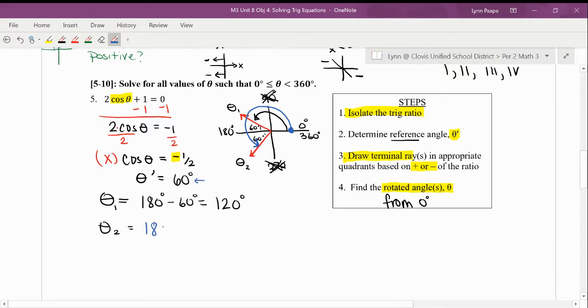So for theta 2, I went past the 180 by 60 degrees. So I'm more than 180, so I'm going to add 60. So 180 plus 60 is 240 degrees. And so then my answer are those two rotated angles. So I would just write theta is 120 and 240 degrees.